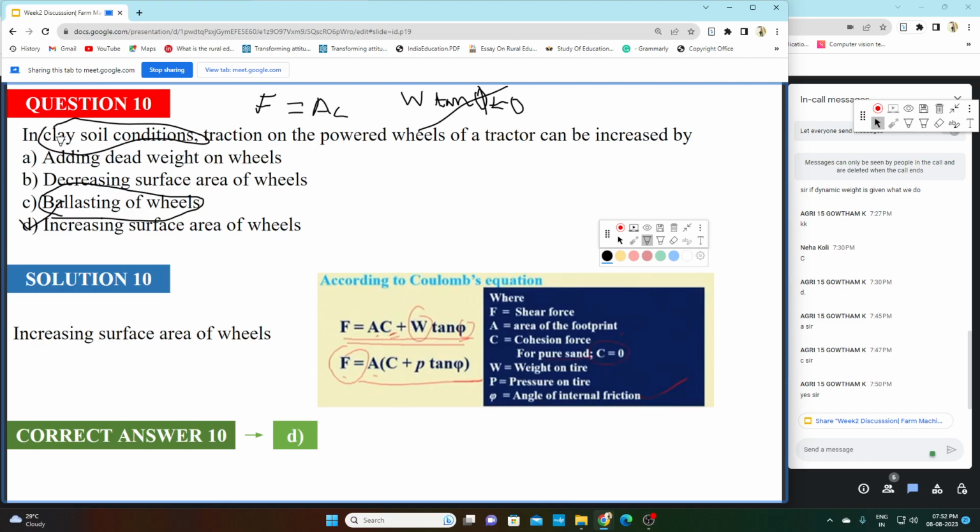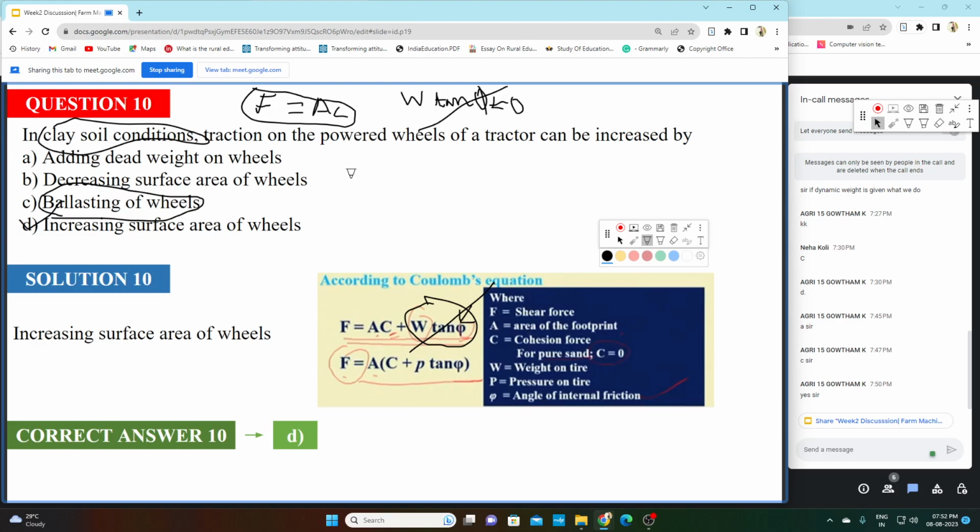It has been asked about clay soil condition. The property of clay soil is that phi tends to 0. So if phi tends to 0, tan phi tends to 0, so your F will be equal to AC. This term will be eliminated.